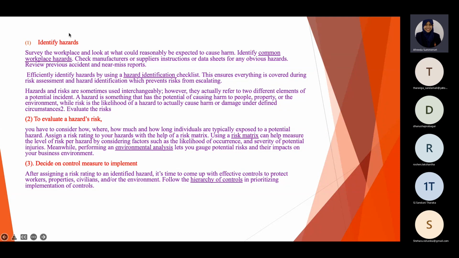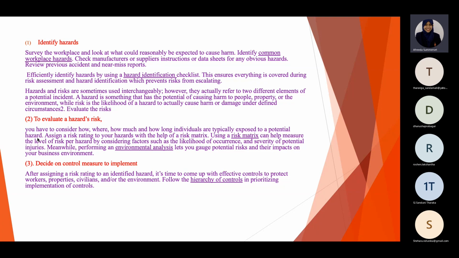And once you identify the hazard, we need to evaluate the hazard. So these are all like the previous slide, which we spoke on, the first 5 points. It's just that we are elaborating a little bit so that in case you all missed certain points, it's just catching up, right? So you have to consider how, where, how much, how long individuals are typically exposed to a potential hazard. Now, say, for example, looking at the laptop for a very long time.